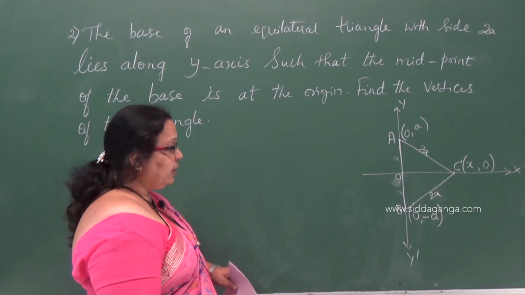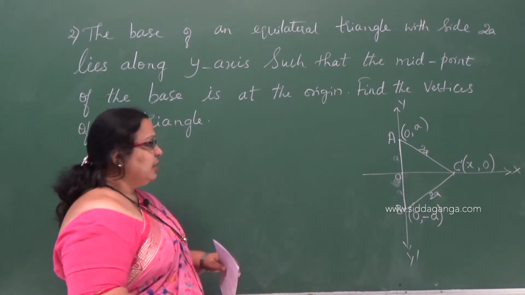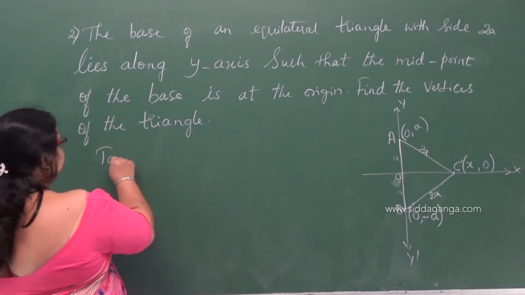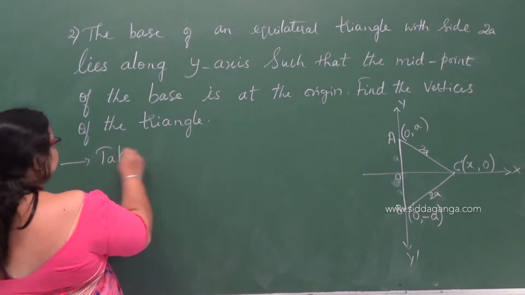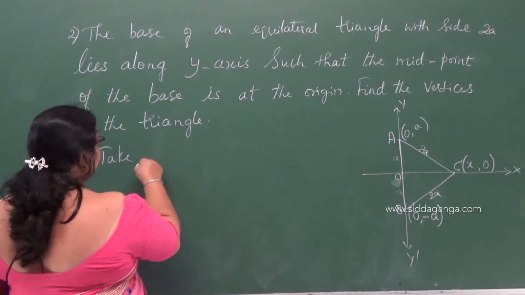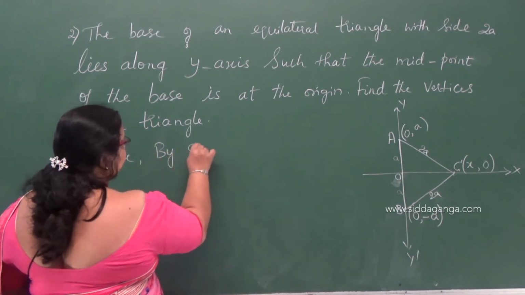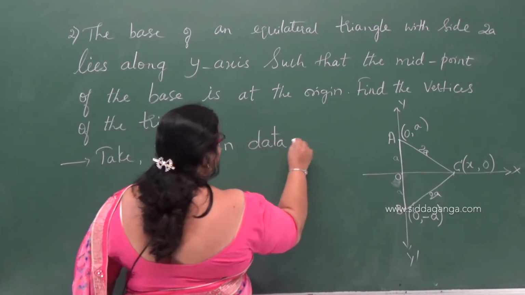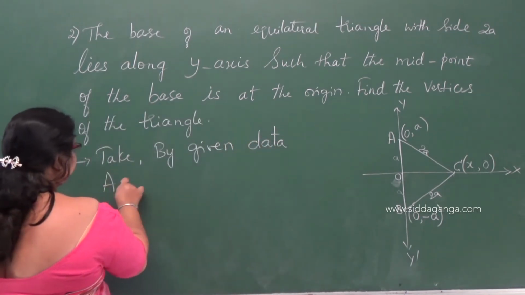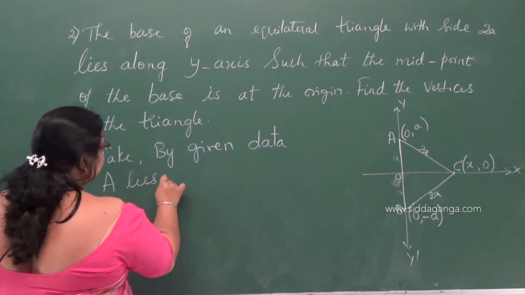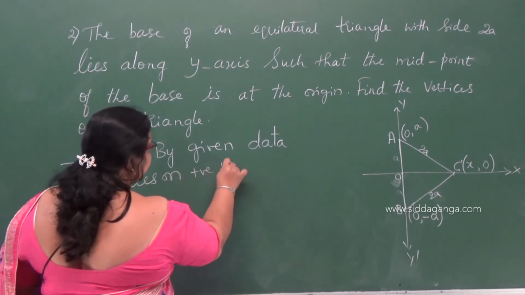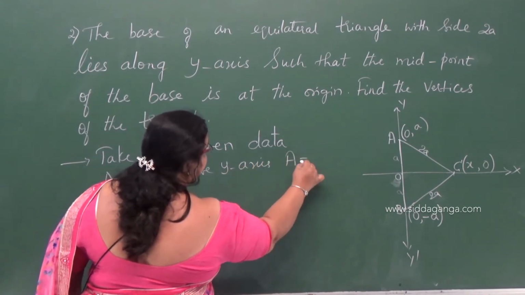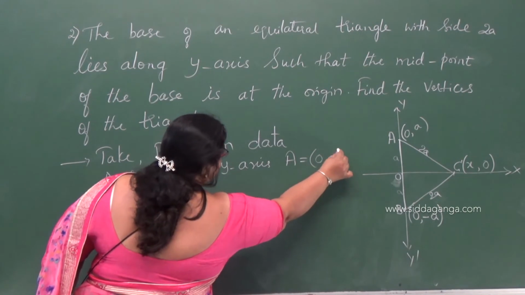So therefore, using the distance formula, the solution is by given data. The one vertex A lies on the positive y axis, so we have to take that as A, 0, a.